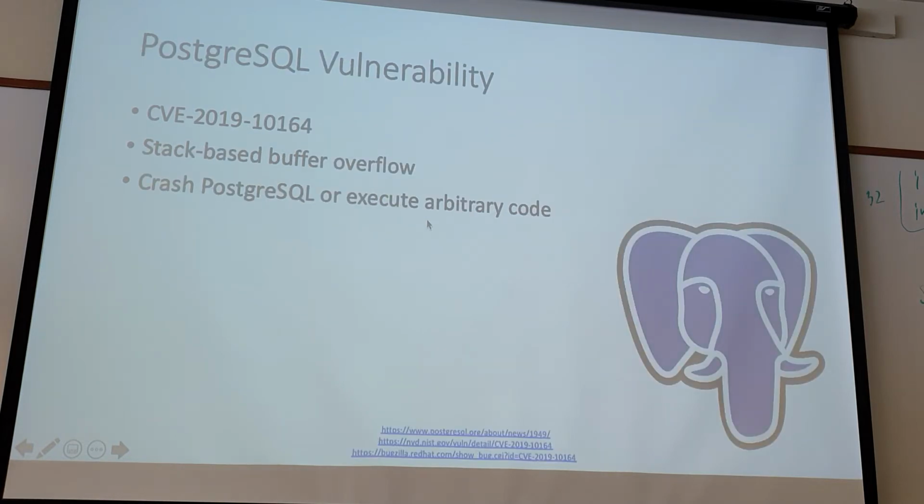Another incident is a PostgreSQL vulnerability. This has also happened this year. PostgreSQL is an open source DBMS, and it also had a vulnerability of a stack-based buffer overflow. Attackers can crash PostgreSQL, or they can execute arbitrary code.